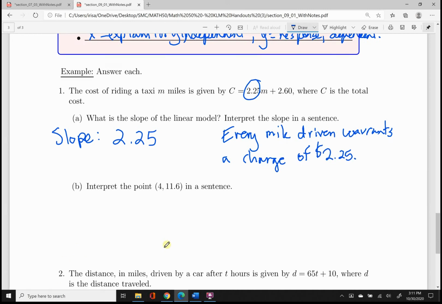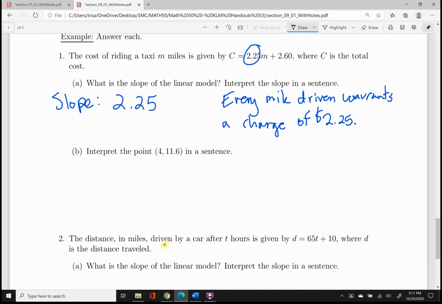Okay, so for this next one, we want to interpret the point (4, 11.6). Okay, so this is saying that 4 miles were driven. So in this scenario, that's supposed to be a comma, but that's out of control. Let me try that again. In the scenario, 4 miles were driven.